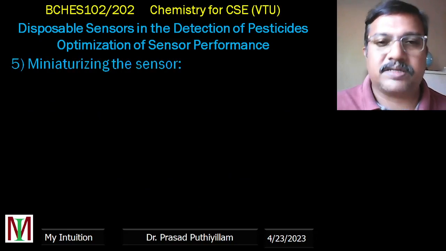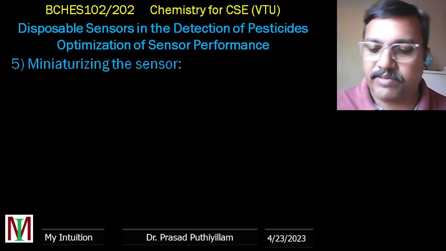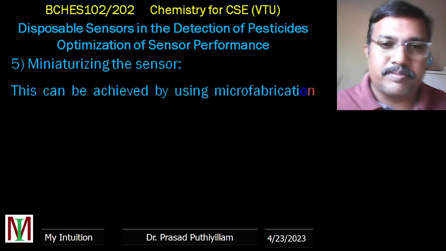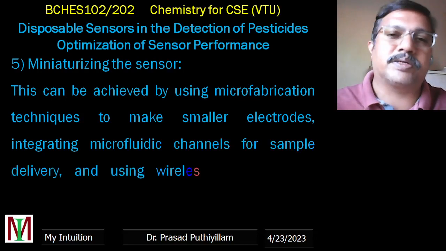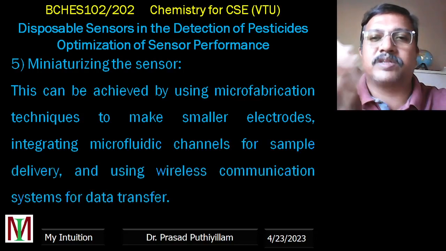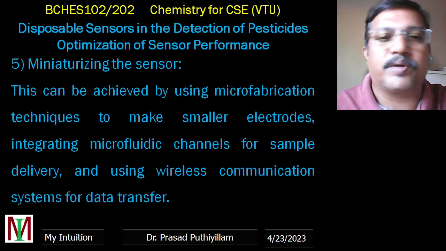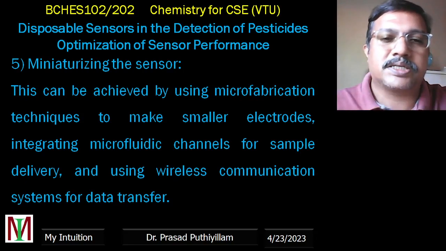Miniaturizing the sensor. Miniaturizing is scaling down, making it smaller and smaller, a bigger, bulky one made into a smaller one. Just like our older computers were very big, and now we have very small computers, mobile phones itself. That is called miniaturization.